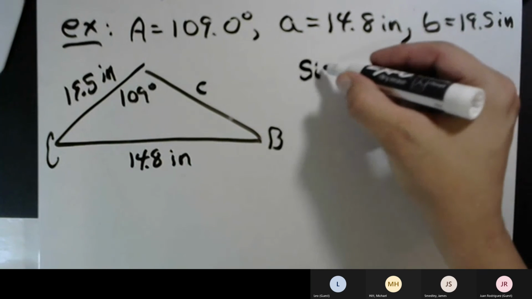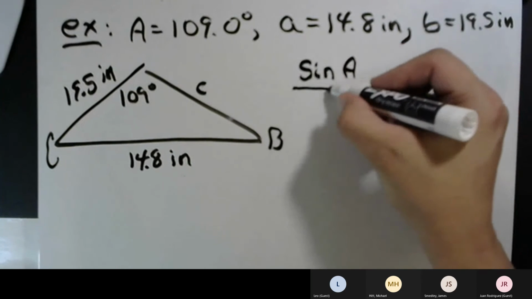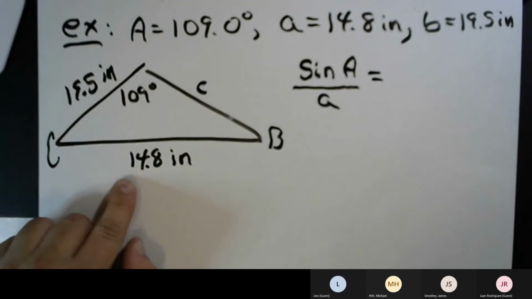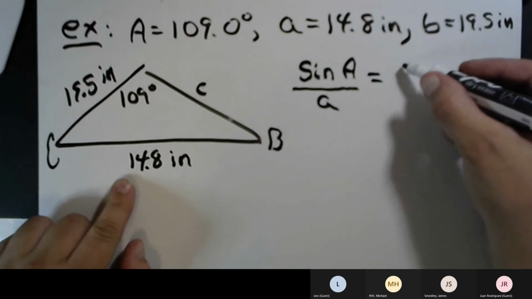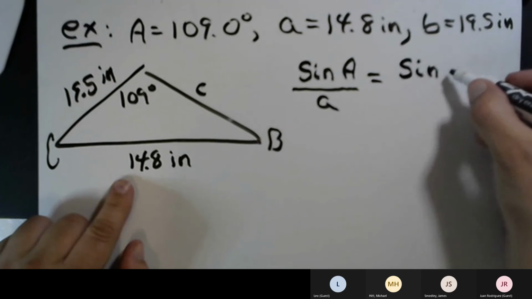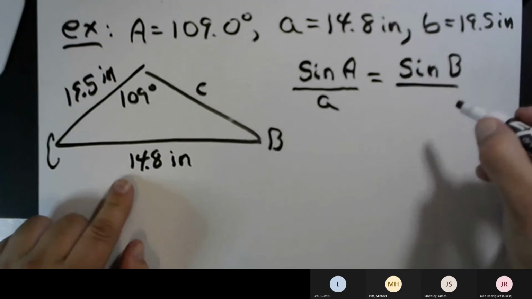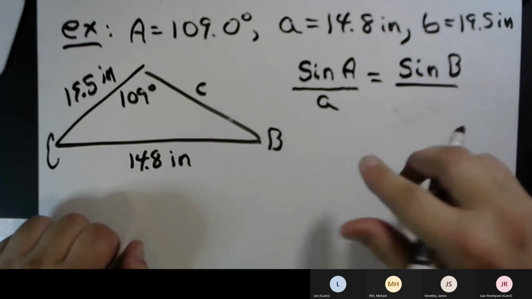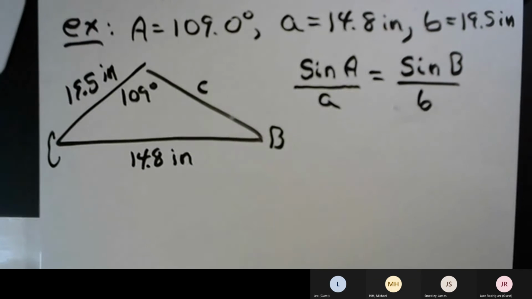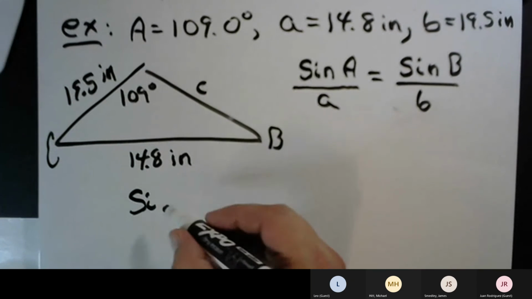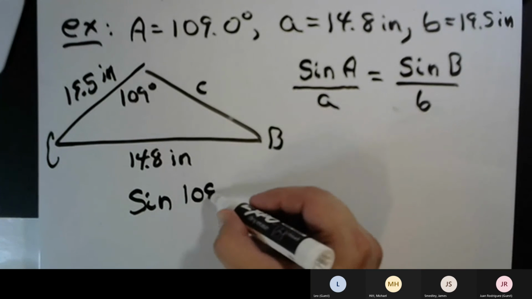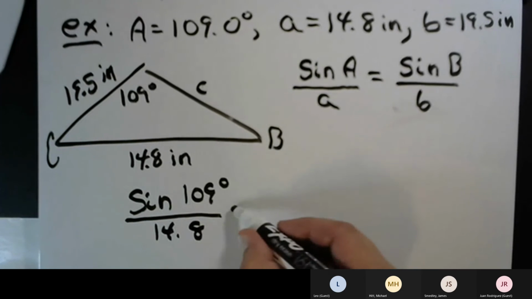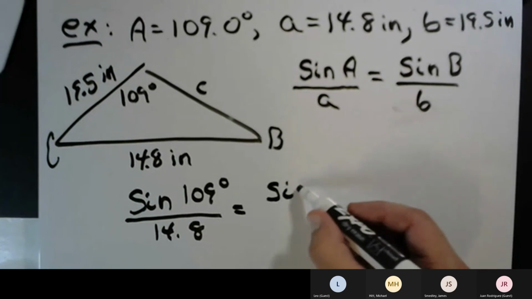So we can use sine A over A because we know angle A and side A, and we're looking for angle B, and we have side B, 19.5, and I'll fill those in. So we're going to get the sine of 109 over 14.8 equals the sine of B over 19.5.